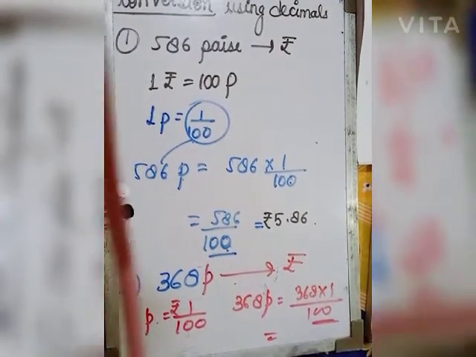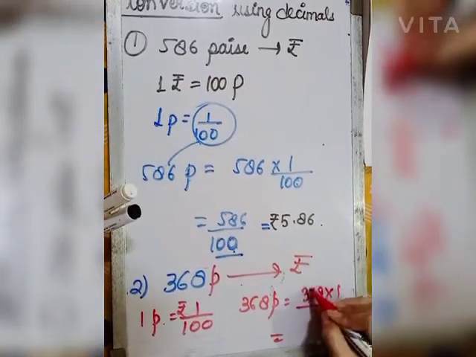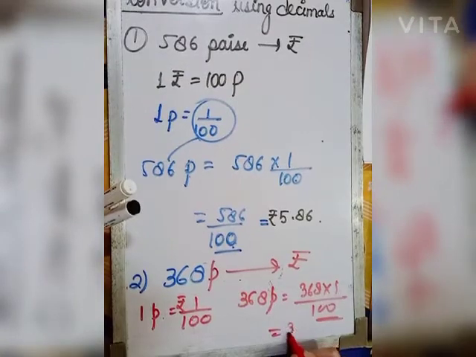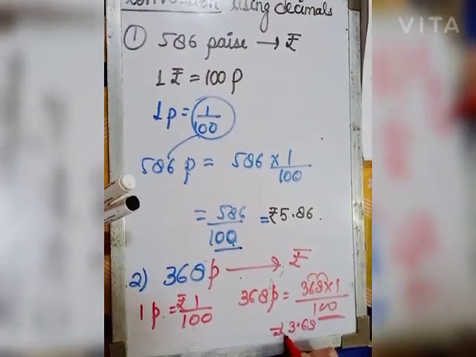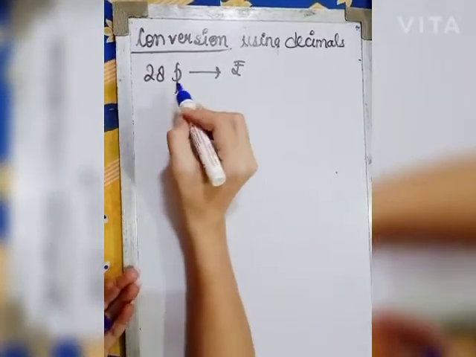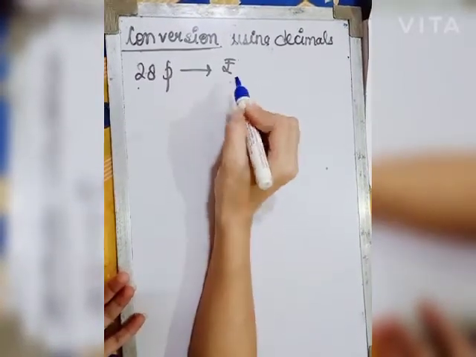Now how many zeros are there? 2. Put the decimal 2 place from the backwards. पीछे से 2 places छोड़ के point put करेंगे. 1 2 here. 3 rupees 68 paisa.